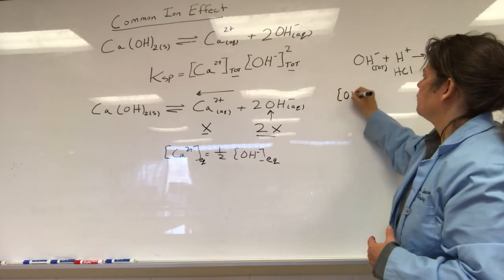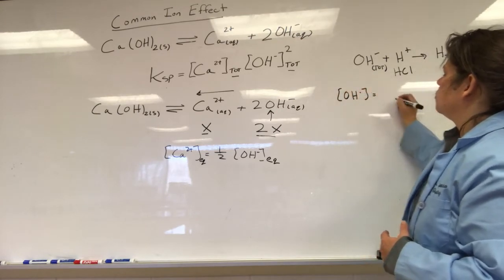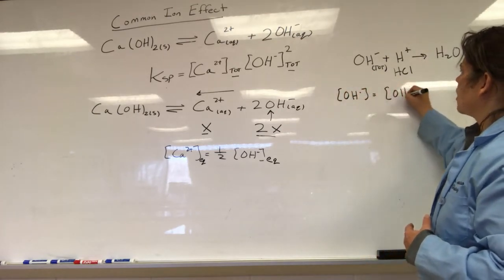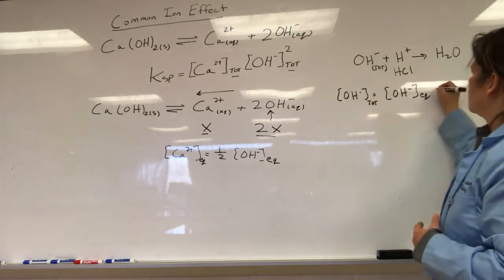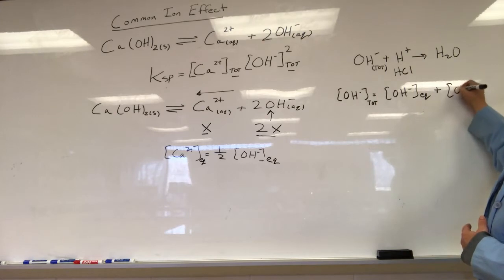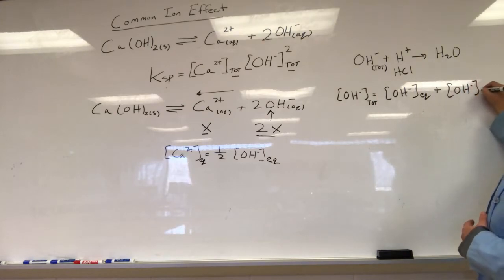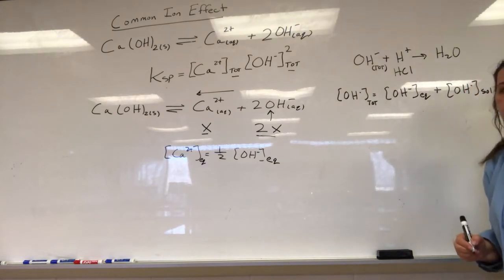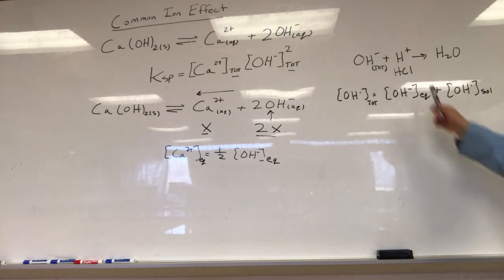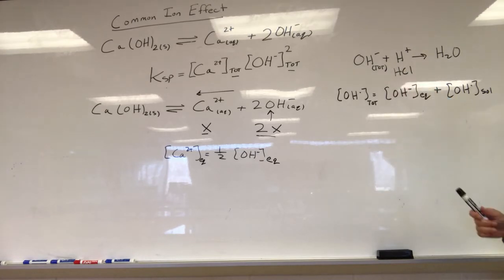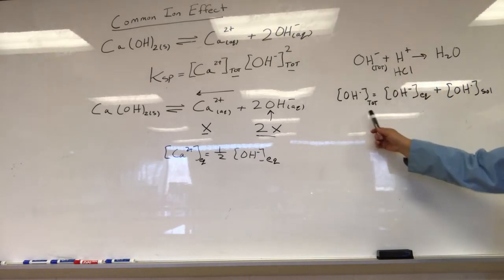So the total amount of hydroxide will equal the hydroxide from the equilibrium plus the hydroxide that's provided from the solution itself, the outside common ion. When we neutralize it with hydrochloric acid, we're going to be measuring the total.